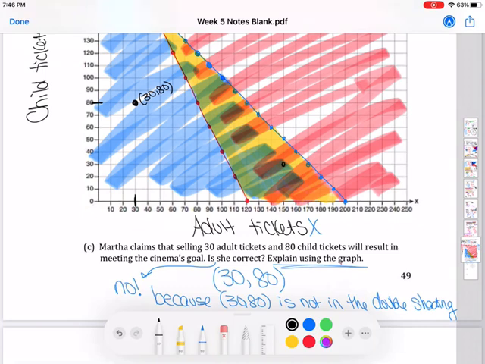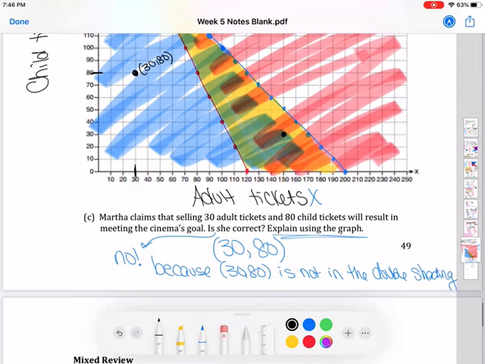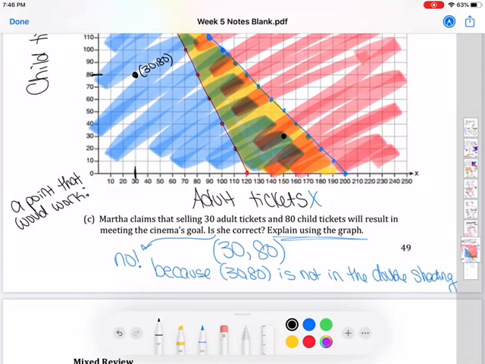Literally any point in that yellow double shaded area. I'm going to pick this point right here. So a point that would work with their two restrictions, or goals I should say, would be 150, what's the Y value? 30.